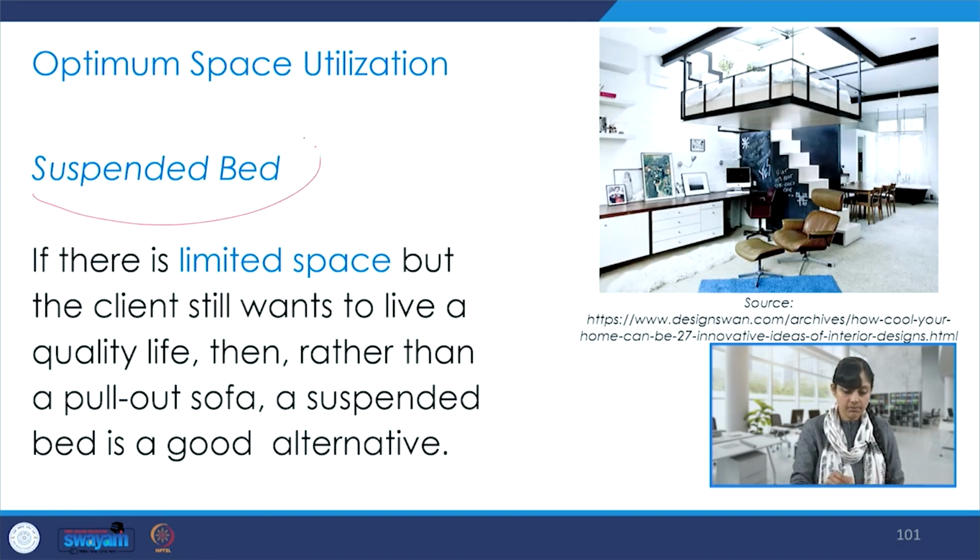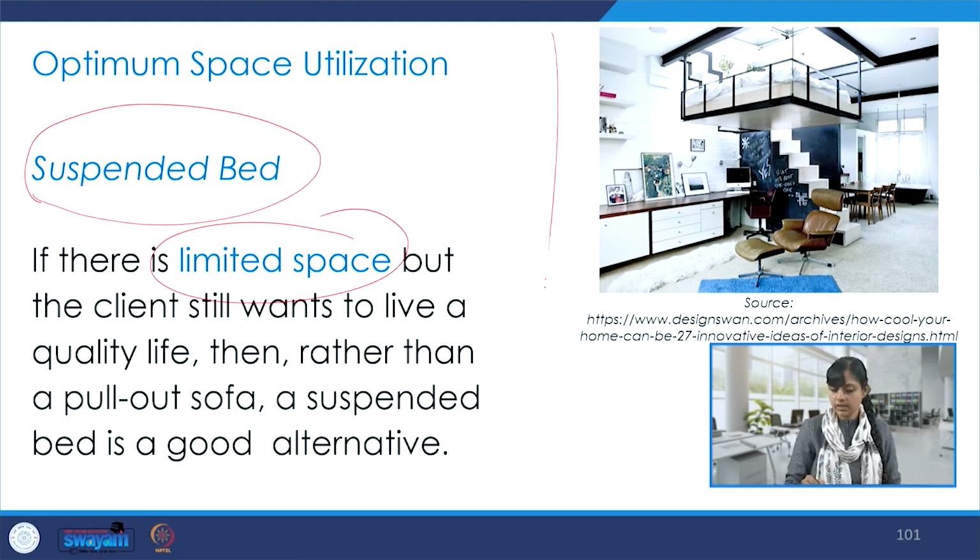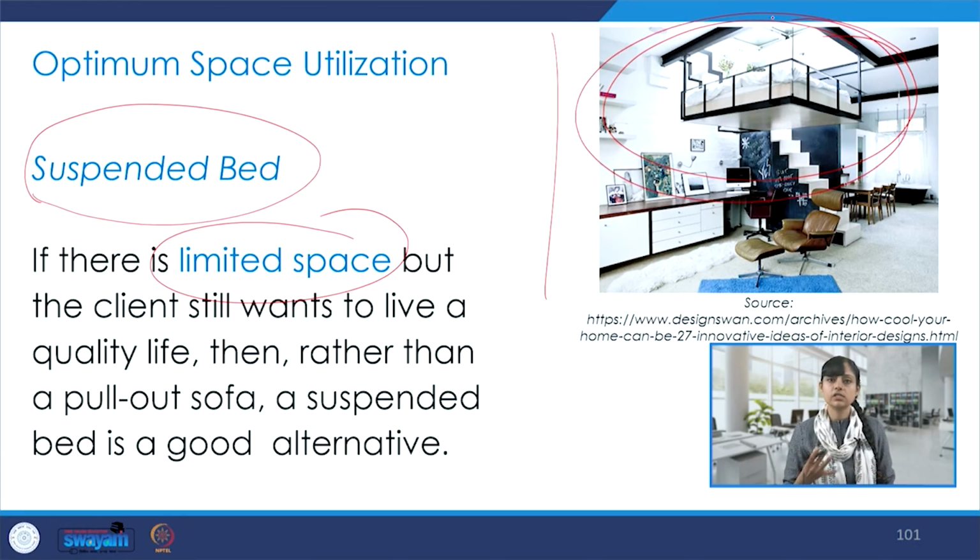So, suspended bed and interesting furniture details and choices of joinery are also interesting and important. When we talk about a limited space, we can have options like a suspended bed, which is actually more useful than a pull out sofa, and it could also be an interesting detail which could register in the space alongside being functional.